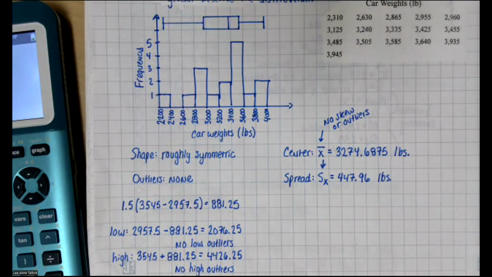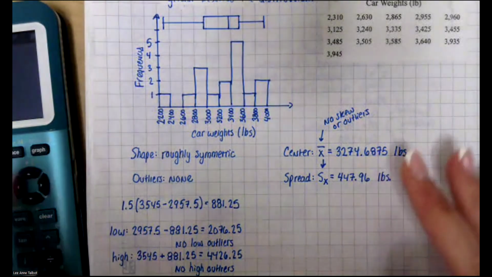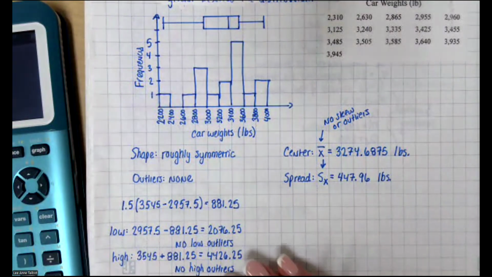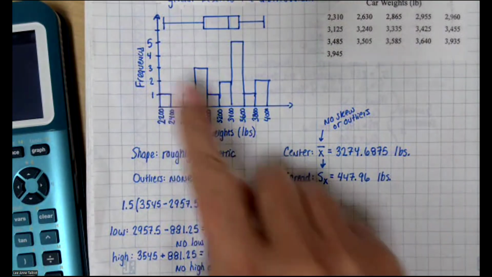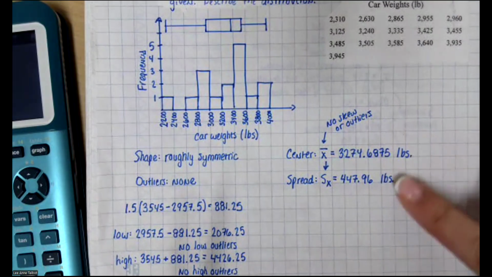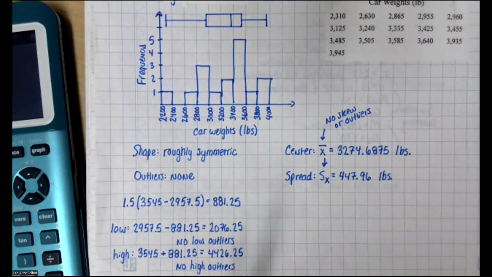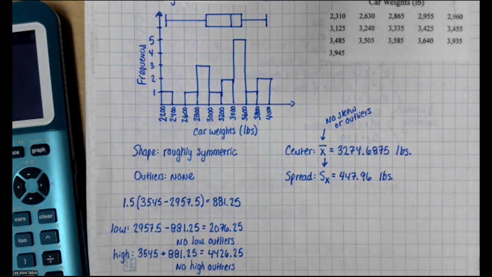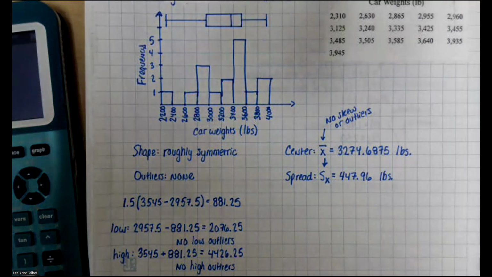If there had been skew or outliers, I would have chosen median and IQR, like the last example. And all of those things are found in one variable stats. I labeled my axes and I labeled my units. I can pretty much guarantee you that there will be a problem exactly like this one on your chapter 1 test. So you should make sure you know how to do this very well.